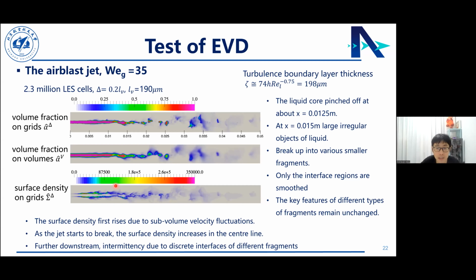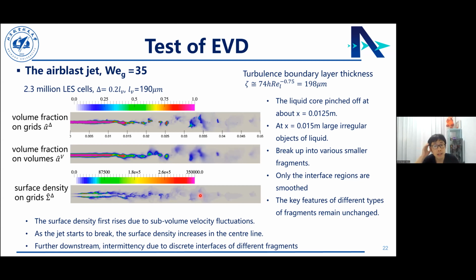The volume fraction becomes smaller, and also the surface density becomes smaller. But further downstream, we see intermittency due to the discrete interfaces of different fragments.